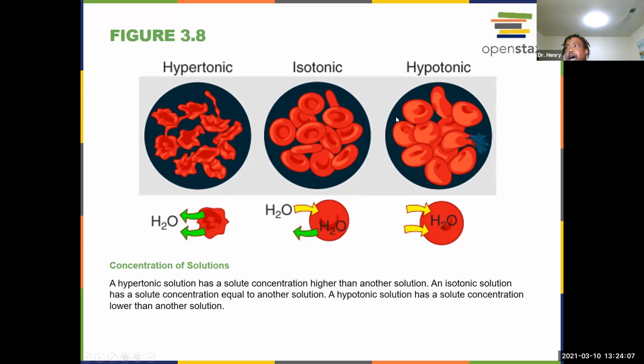In the case of hypotonic, the cell is going to burst, because water keeps coming in and it's eventually going to blow up. Isotonic is where you have an equal amount of water going in as coming out. So that means that it's balanced. The concentration is balanced on both sides. Does that make sense? Yes. Okay.